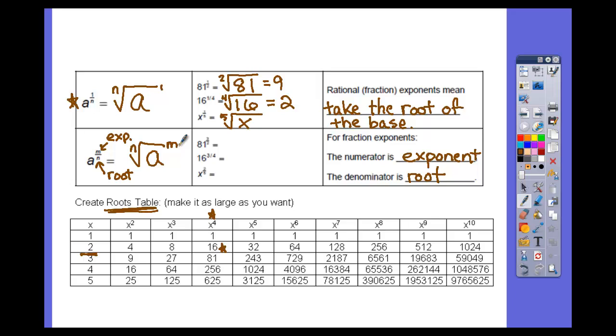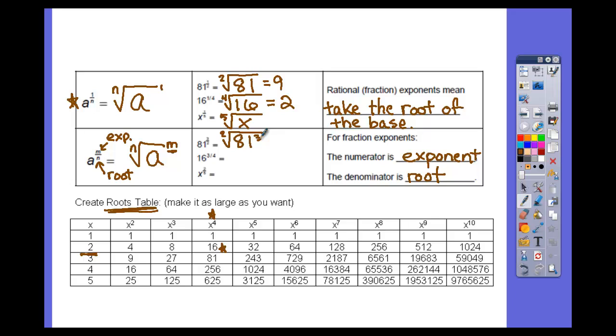And this exponent right here, it doesn't matter if it's outside the square root or if it's inside attached to the a. And I'll show you a couple with the examples. Like here we got 3 halves. So we're doing the square root of 81 to the 3rd power.